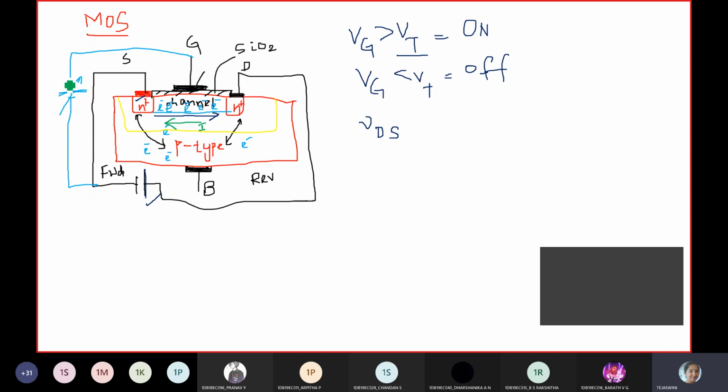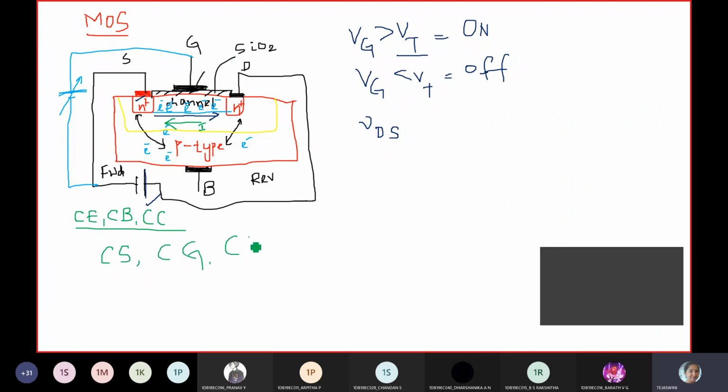Next, you have to know about configurations. In BJT, we have studied 3 configurations, as you all know: CB, CC, CE, that is common base, common collector, common emitter. Like that, in MOSFET we have common source, common gate and common drain.